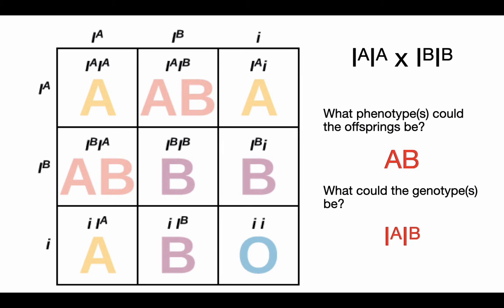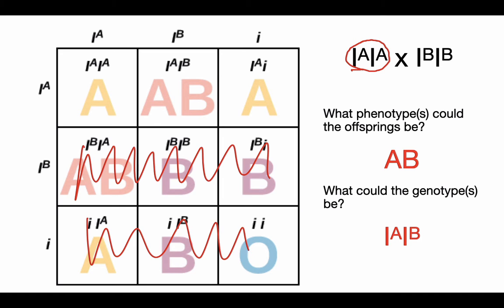Okay, let's take a look at the possible answers. The way we're going to do this is we're going to take the first parent, big IA. What can they give? They can give a big IA. That is all they can give. They can't give big IB. They can't give little i. So none of these bottom 2 rows are going to be looked at. What can the second parent give?